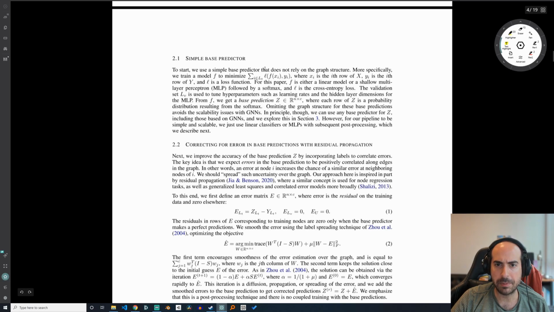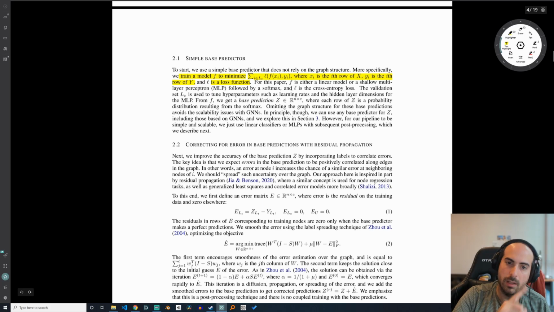So we use a simple base predictor that does not rely on the graph structure. More specifically, we train a model F to minimize this, where xi is the ith row of X, yi is the ith row of Y, and L is a loss function. Oh, I see.